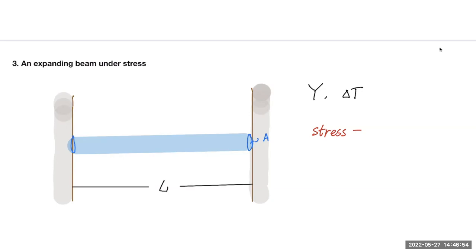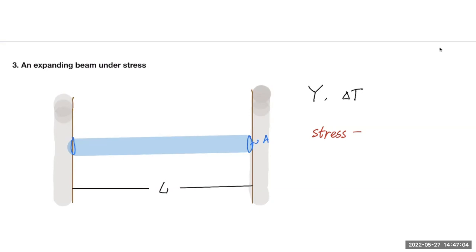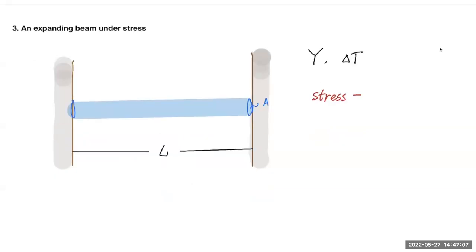So we have a situation like this. We have a rod of length L and cross-sectional area A trapped in between two rigid walls that are a distance L apart. So this wall here and this wall here are both rigid and immovable, and the distance between them is always L, no matter what.